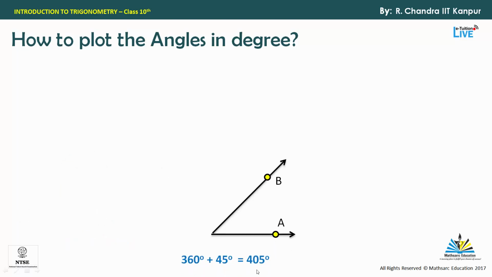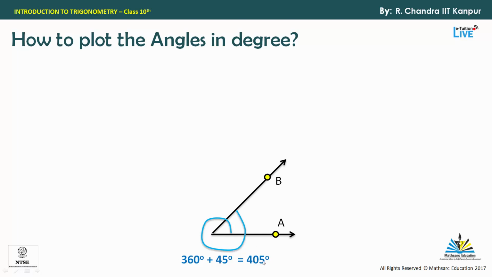Now the question is how to plot 405 degrees, that is 360 plus 45 degrees. As you can see, 360 is one complete circle, and then we need to add a 45 degree angle. So here you can see there is a 45 degree angle and then again one complete circle.